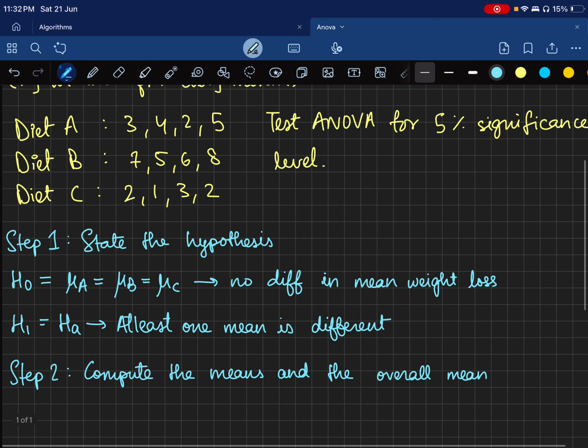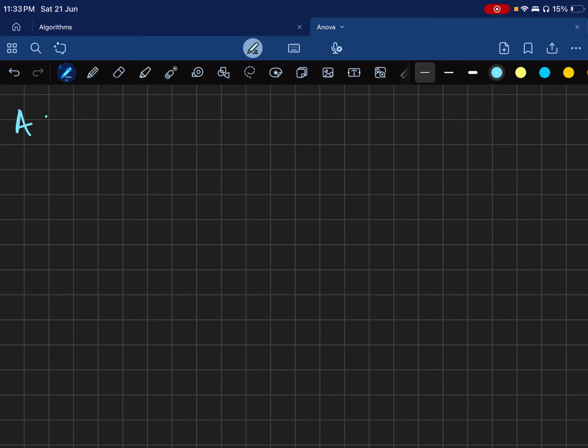The first row is diet A, the second row is diet B, and the third row is diet C. For A, the mean of A is equal to 3 plus 4 plus 2 plus 5 divided by 4, which is 3.5.